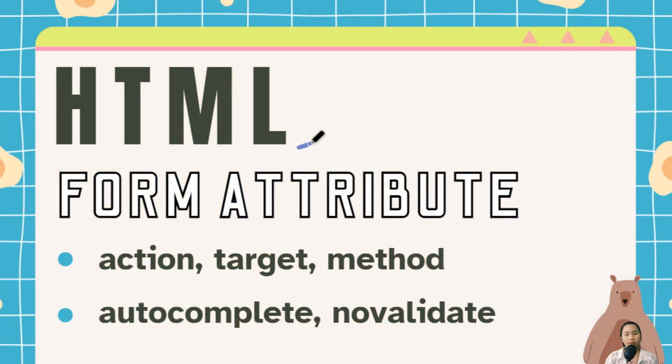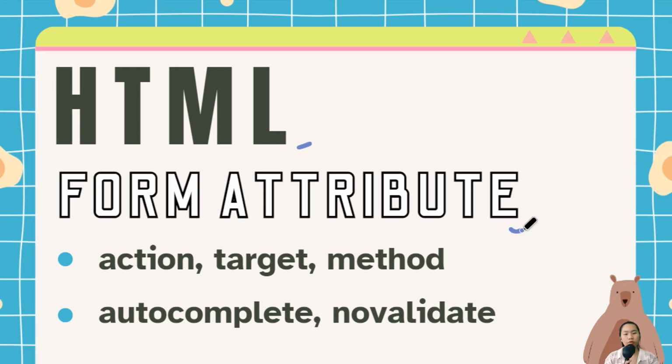In our latest lesson, we're going to be tackling form attributes, okay? Because form has a lot of ties with servers and PHP and other languages that are involved in the back end of website development.